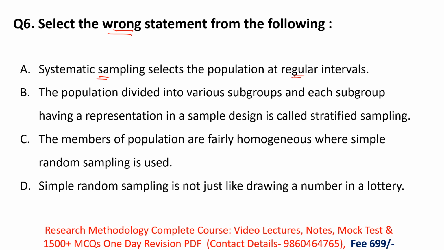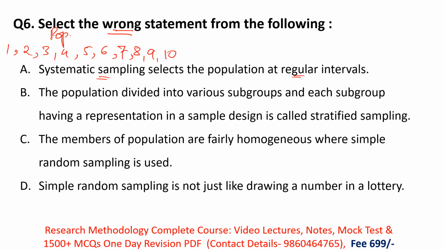So what is systematic sampling? We'll discuss systematic sampling through an example. Suppose I have a population of 10 members: 1, 2, 3, 4, 5, 6, 7, 8, 9 and 10.